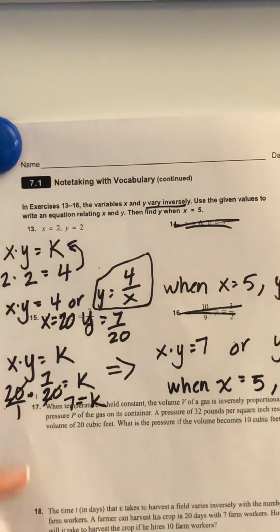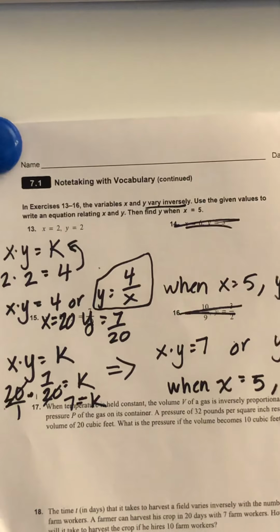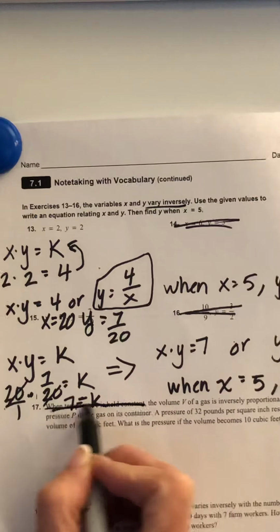A couple of real-life examples here. It says when the temperature is held constant, the volume of a gas is inversely related to the pressure P of the gas on its container. So when temperature T is held constant, the volume V varies inversely with P. We don't even need to know anything about the temperature.